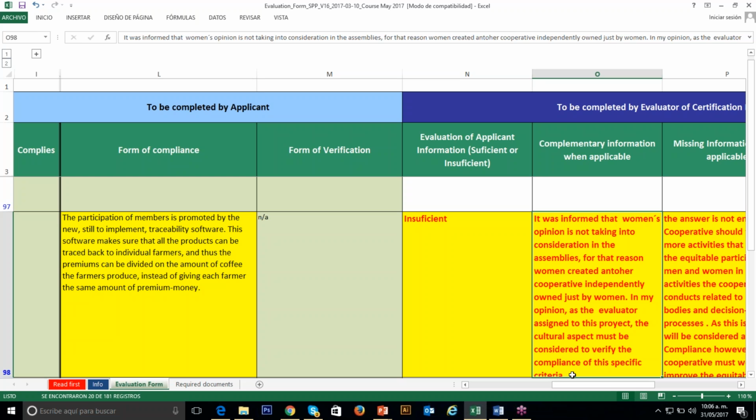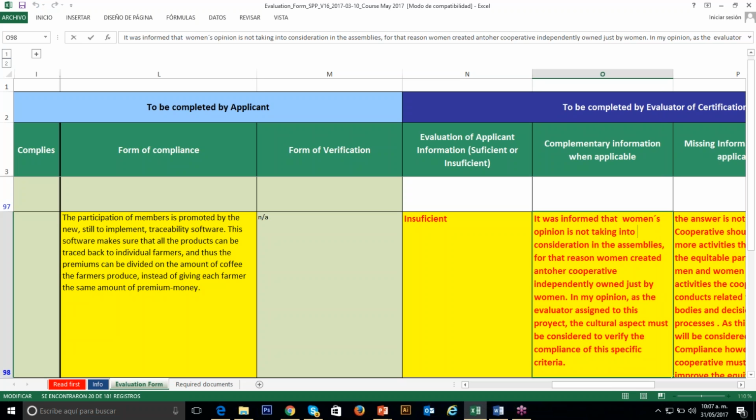They are not listened to by men. Only the opinions of men are considered. But then the evaluator has to consider all this, the culture, for example, to say if the response is sufficient or not, or if there are possibilities to comply 100% with this criterion.